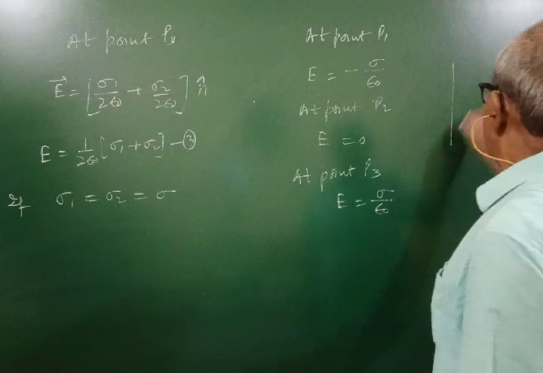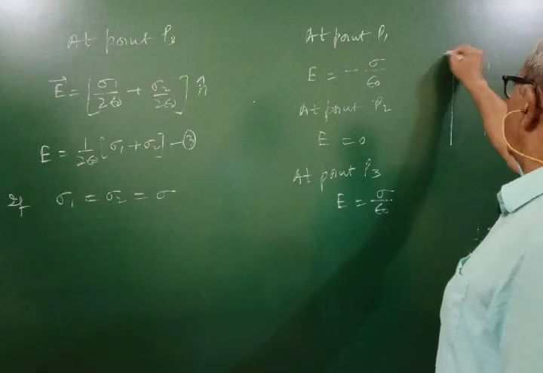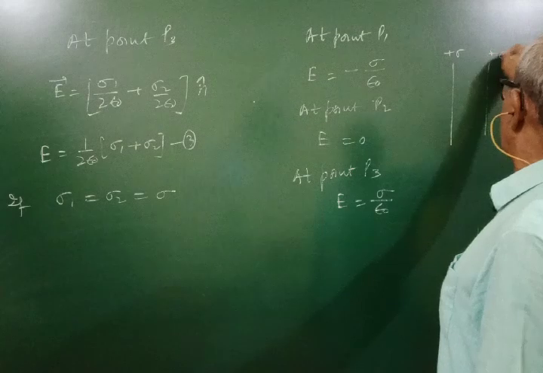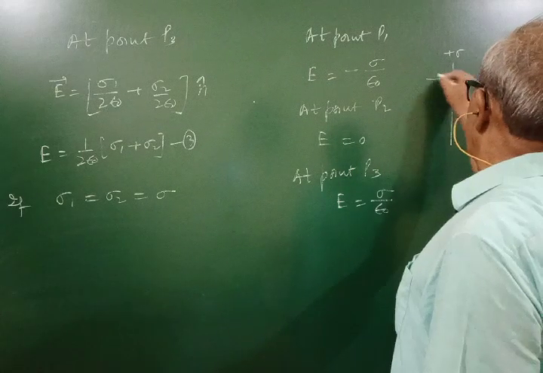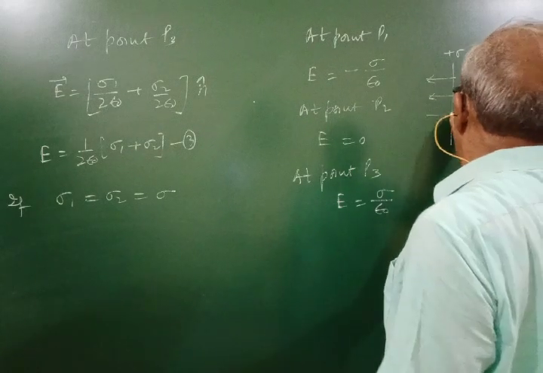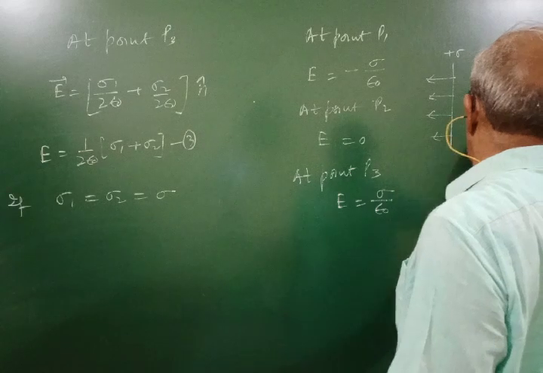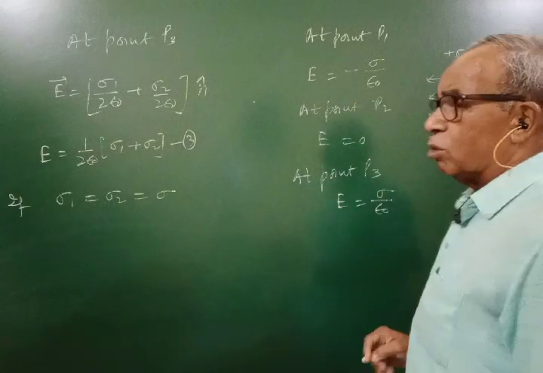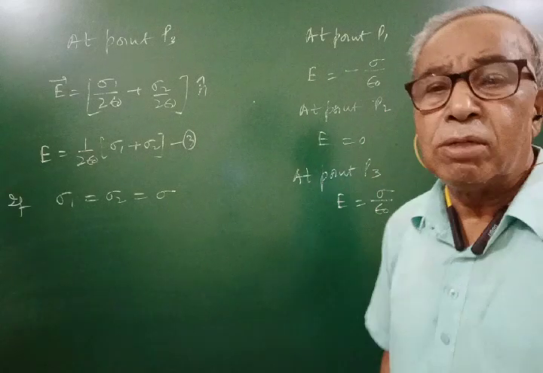Meaning if these two plates have plus sigma charge density, then the field is like this. But remember, this formula is true only up to a small distance. At large distance it is not true.